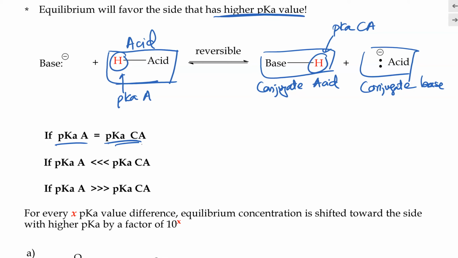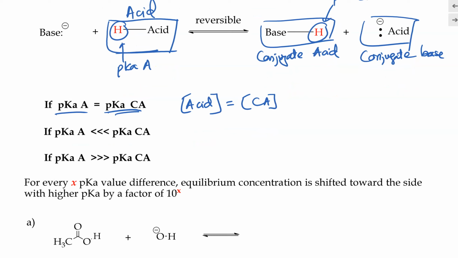And that's why both of them will get produced, and the concentration of the acid is equal to the concentration of the conjugate acid. So yes, there will be a reaction, but the distribution between the acid and the conjugate acid will be equal.